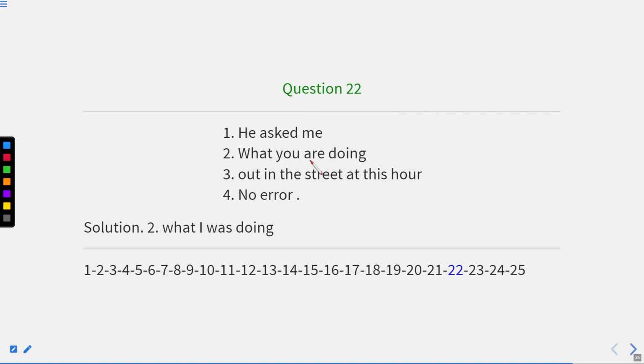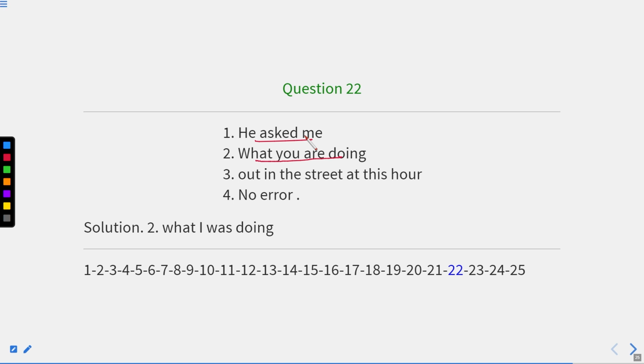Simply saying, this is written what you are doing. You are doing means this is present tense, whereas the sentence is an indirect speech. And we know well that if the reporting verb is in past tense, we should change the tense of the reported speech as well. Here the reported speech cannot be in the present tense. Why so?